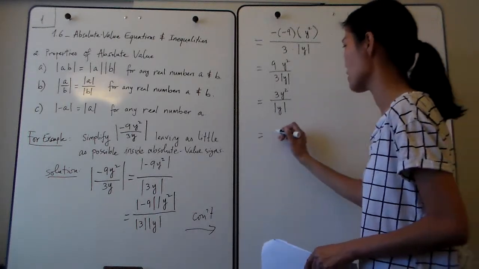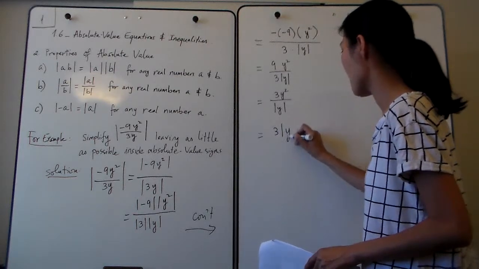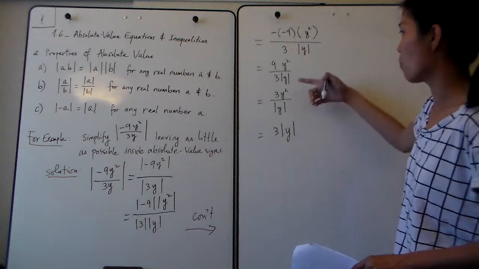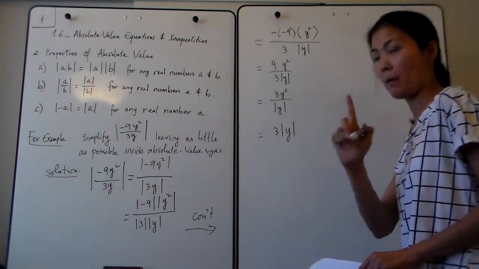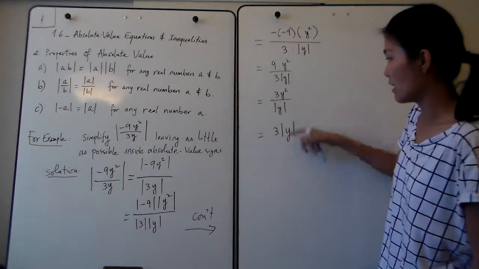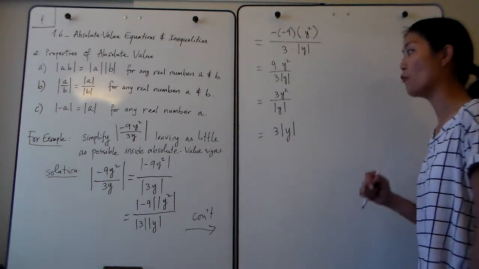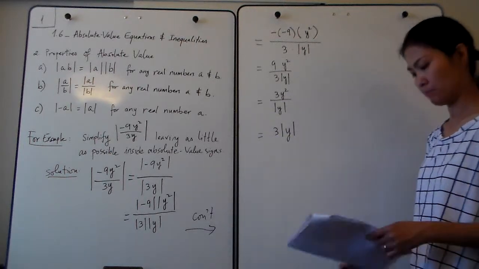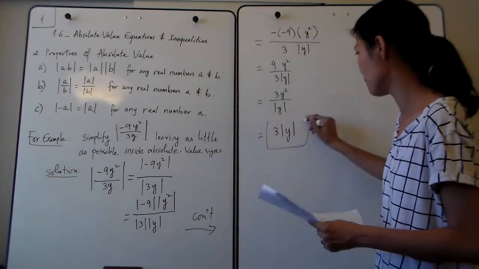If you simplify this, you would get 3 times the absolute value of y, right? Because y squared divided by y to the first power is y. But because, again, it's raised to the first power, y could be negative or positive. We don't know. That's why you need to have the absolute value around the y. So this is the answer.